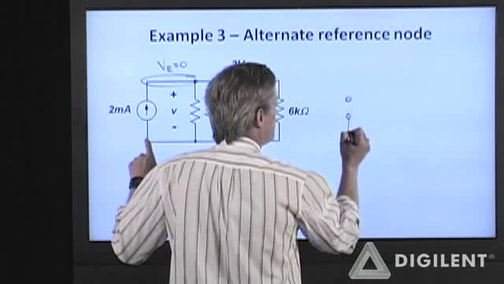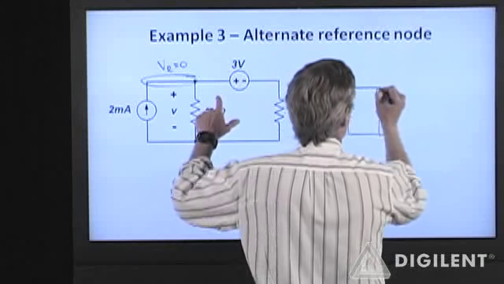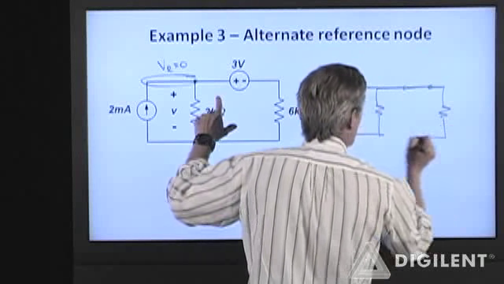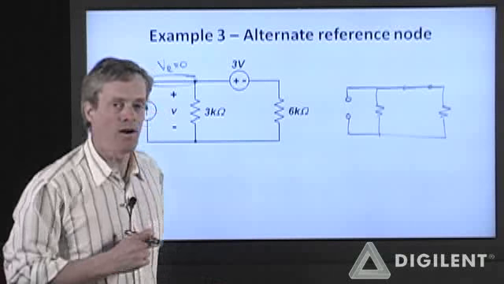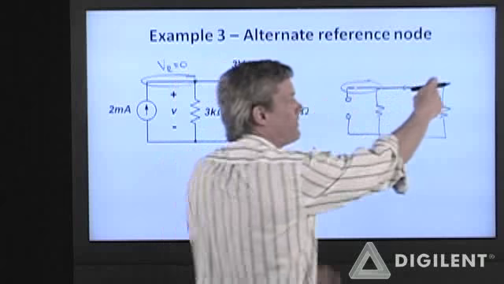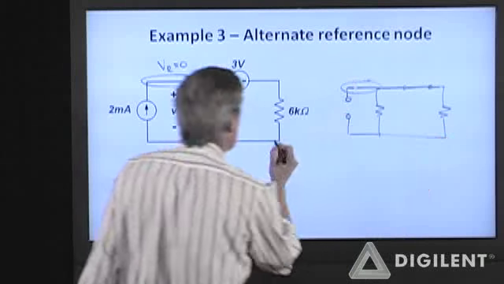The current source becomes an open circuit. That resistance doesn't change. The voltage source becomes a short circuit with another resistance there. So if this is my reference node here, this is a dependent node. This is my only independent node.